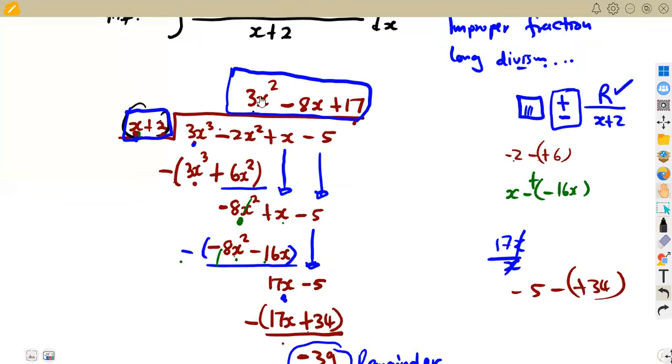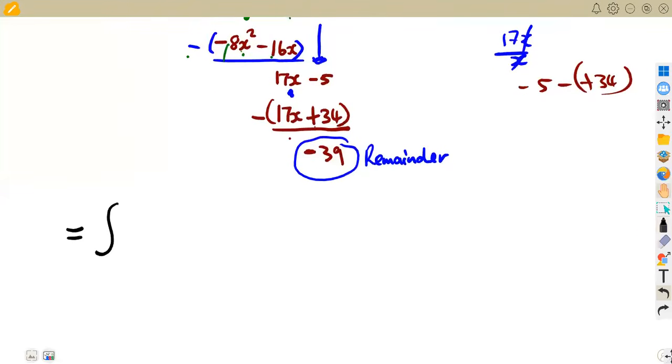You take the exact term as it is, 3x squared minus 8x plus 17. This is the exact term as it is, all right? So we are going to have 3x squared minus 8x plus 17.